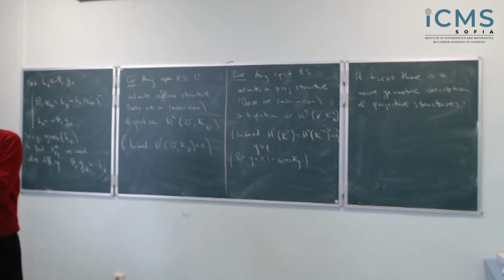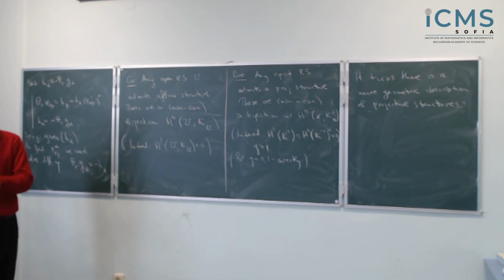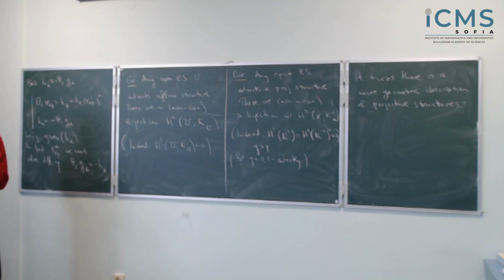The transition functions are fractional linear transformations, so they're given by constant matrices. So if we find this projective atlas, we have a cover, and on each double intersection a constant PGL2 matrix, and these matrices satisfy a cocycle condition. So we have an element of H1 of PGL2.